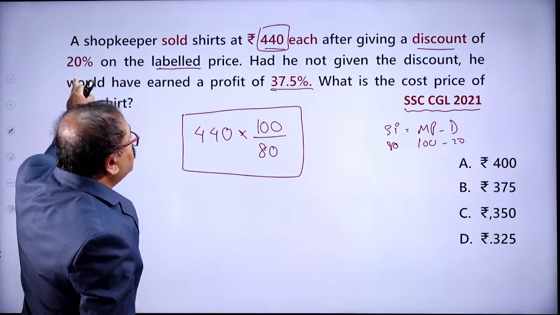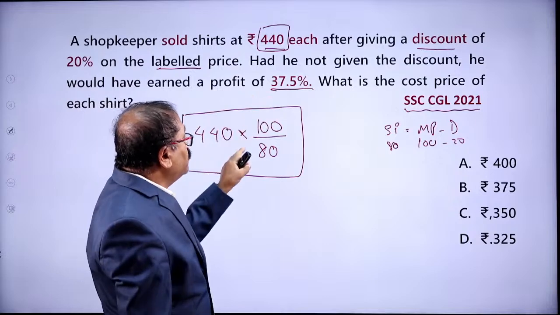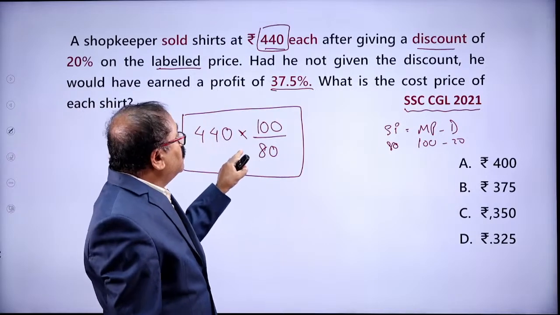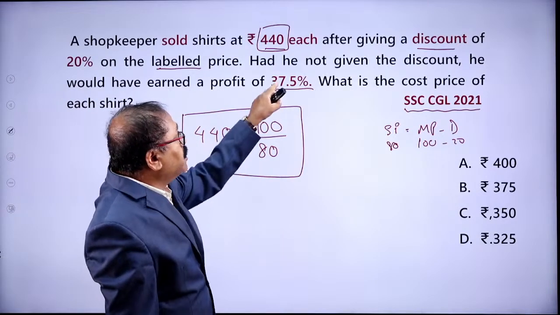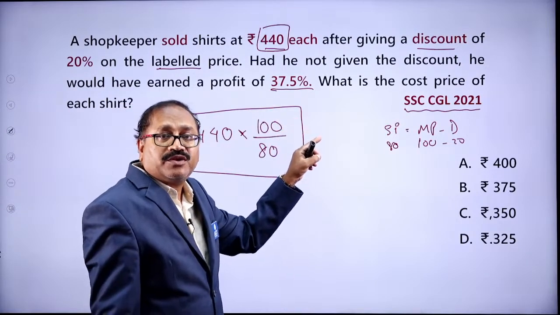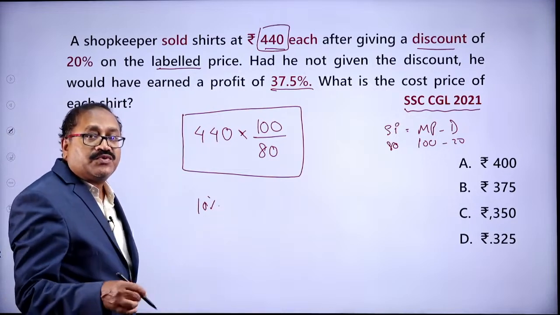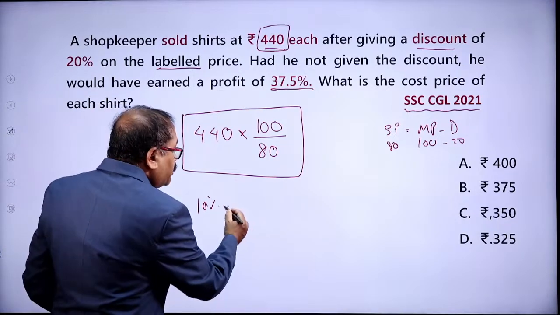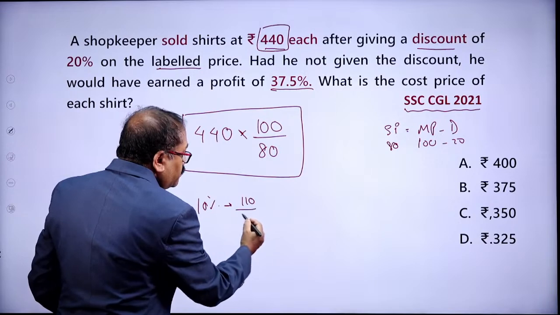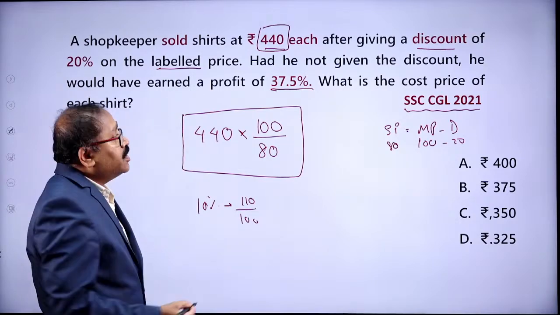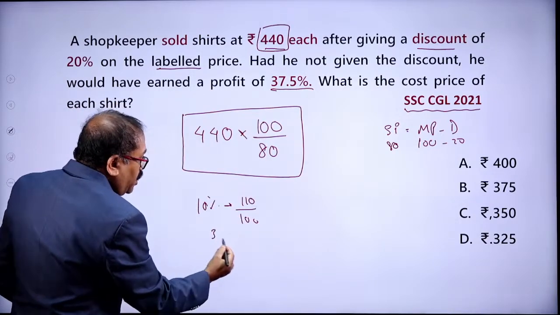Now, if you are selling at this price, you are getting 37.5% profit. Suppose you are getting a profit of 10%, then your selling price will be 110%, right? Now here you are getting a profit of 3 by 8.